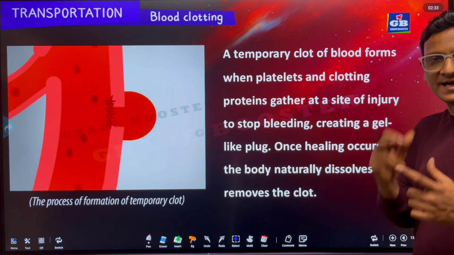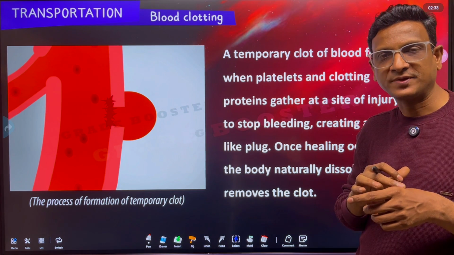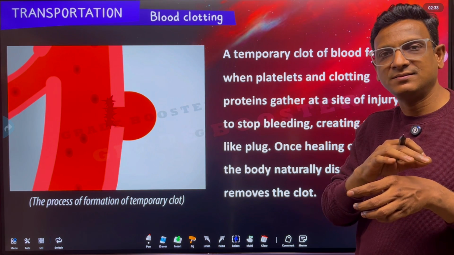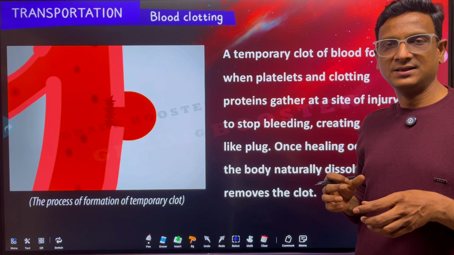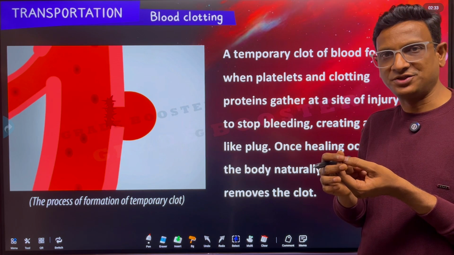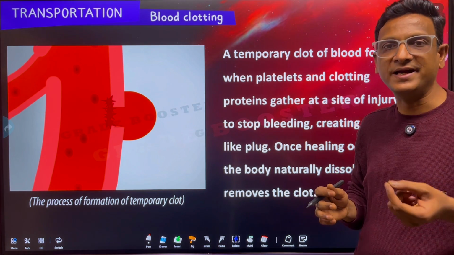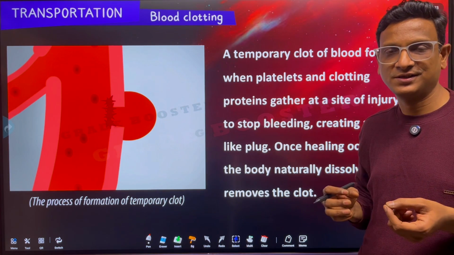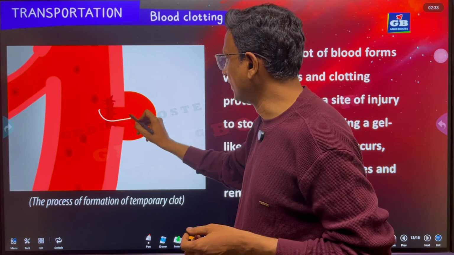So if there is any cut to our finger or to our skin, then there is bleeding. The blood comes out of the blood vessel. But you see, if there is a small cut, if you apply some pressure or hold it for some time, then the bleeding stops. That means the blood clots. So when there is a cut in a blood vessel, the blood comes out like this.